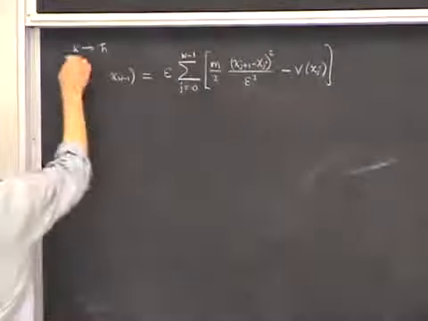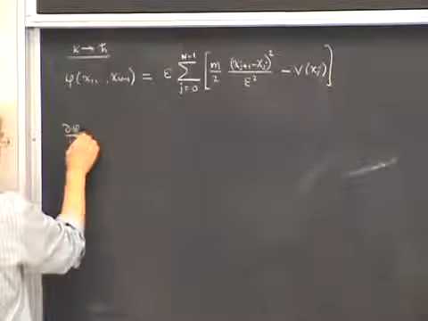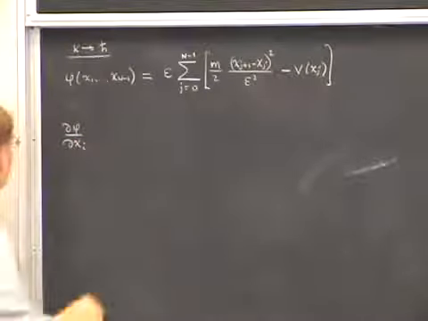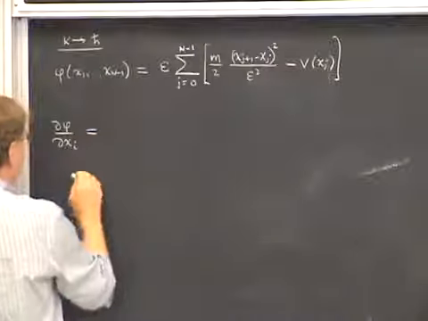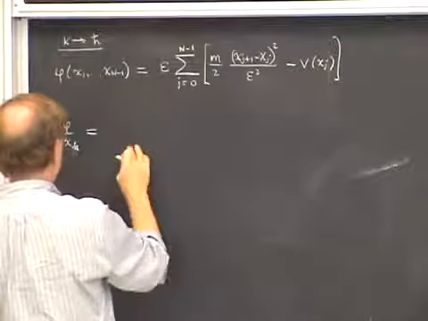So the first thing we're going to need is to find the critical points. To do that, we can differentiate this with respect to, let's say, xk.